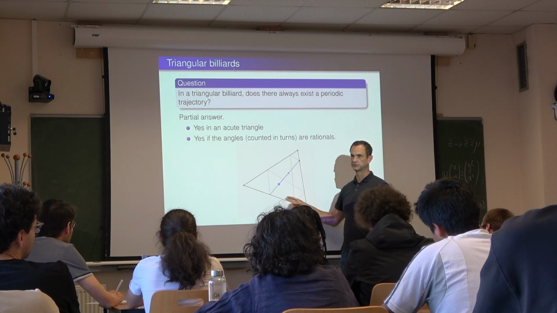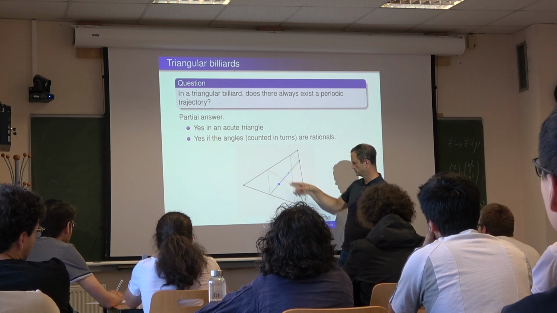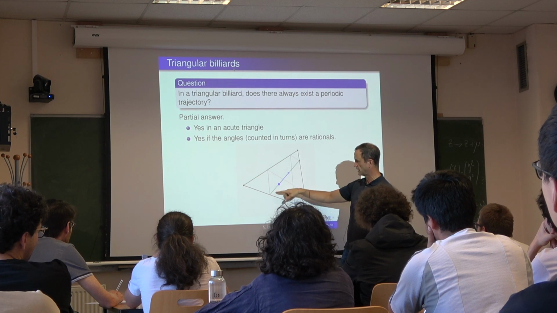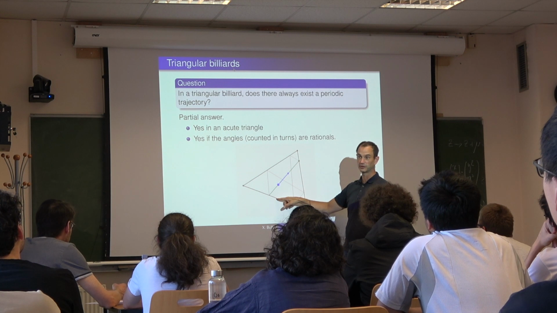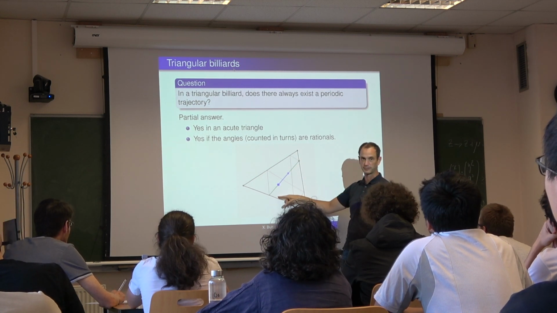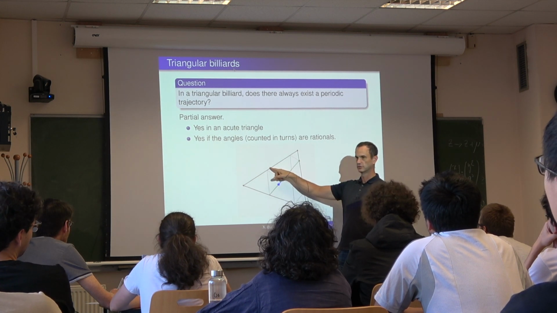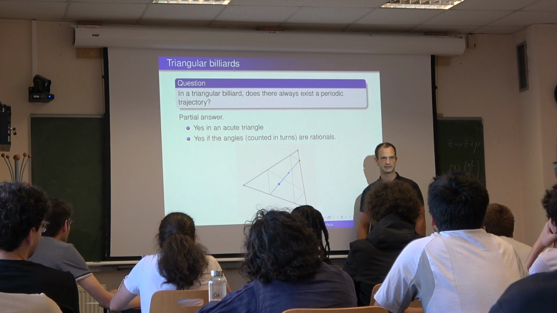If your triangle is an acute triangle, then the minimum is achieved when you take the points which correspond to the perpendiculars, the altitudes. I don't know how it's called, la hauteur in French, but in English I don't know. So you just start with an edge, you draw the perpendicular to the opposite edge, and you get 3 points. If you join those 3 points, this gives you a periodic trajectory for the billiard table.